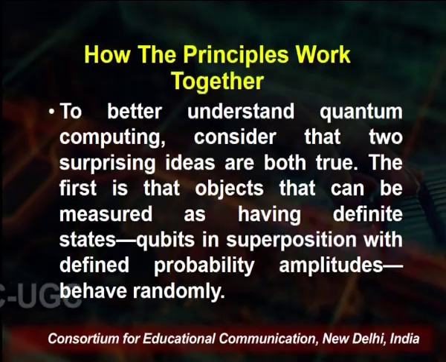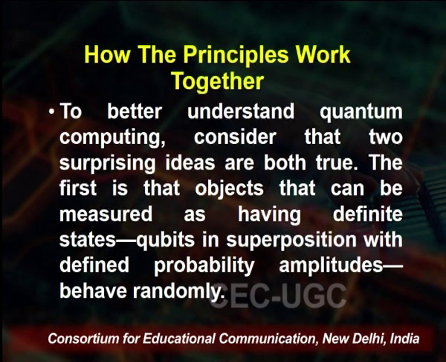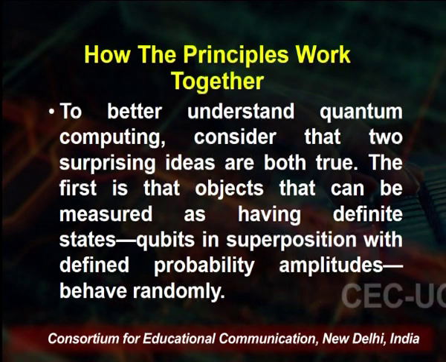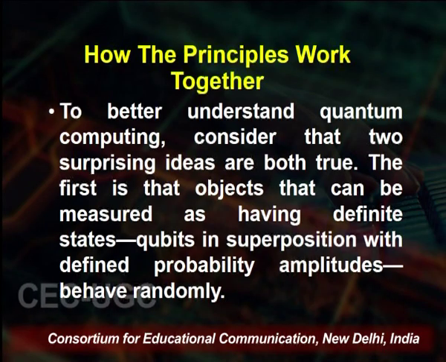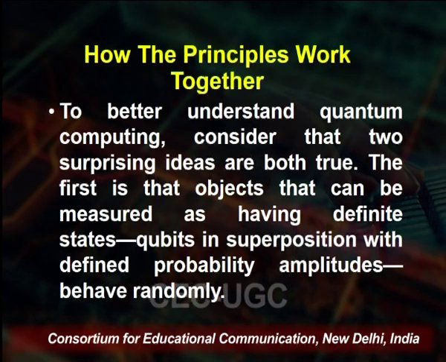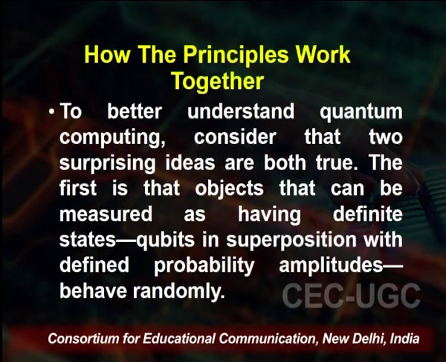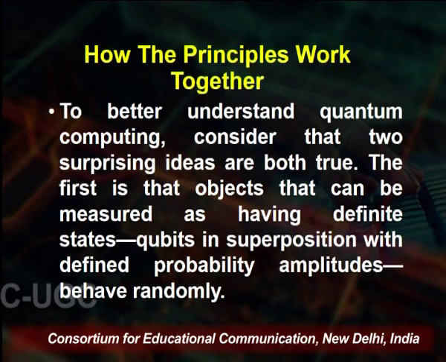So how do the principles work together? To better understand quantum computing, consider that two surprising ideas are both true. The first is that objects that can be measured as having definite states, meaning qubits in superposition with defined probability amplitudes, behave randomly.